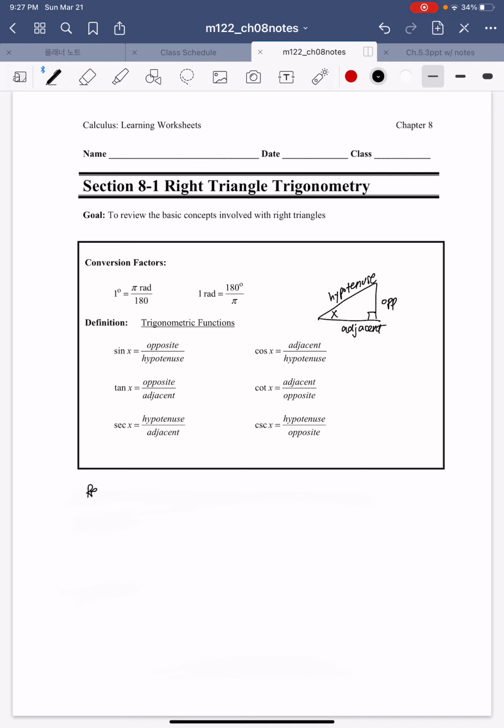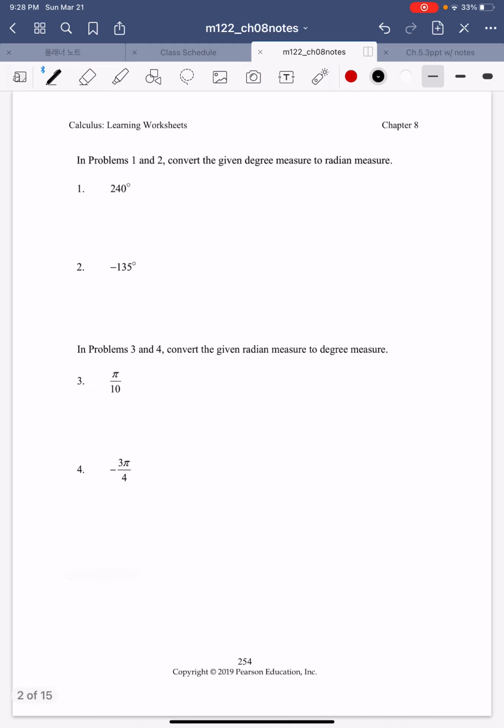So recall the 30, 60, 90 triangle has side lengths of root 3 on the bottom, 1 and 2. And the 45, 45, 90 triangle has lengths 1, 1, root 2. Okay, so let's review some basic concepts of the right triangle.